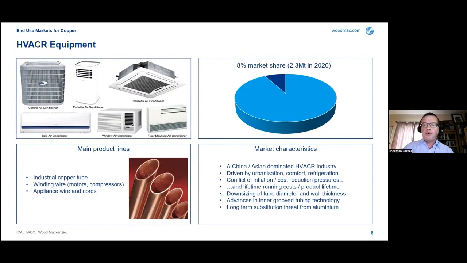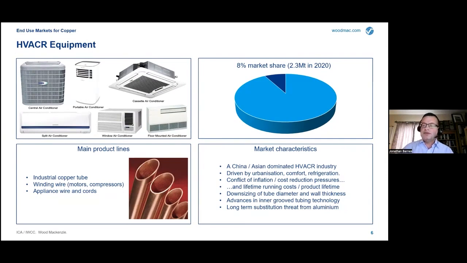You have winding wire, which is used in electric motors and compressors, and you have some appliance wire and cords. It's a smaller market than some of the others we've looked at, but at 8%, it's still a sizable market. It's consuming around 2.3 million metric tons of copper in 2020. It's a market that has increasingly been dominated by China and Asia, with their huge industries that are supplying products around the world.